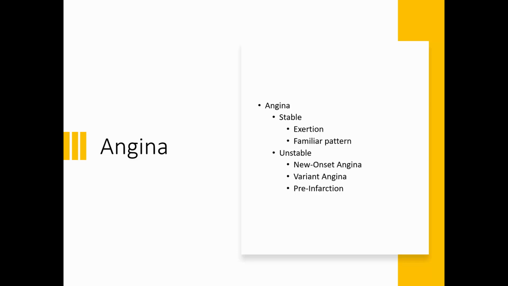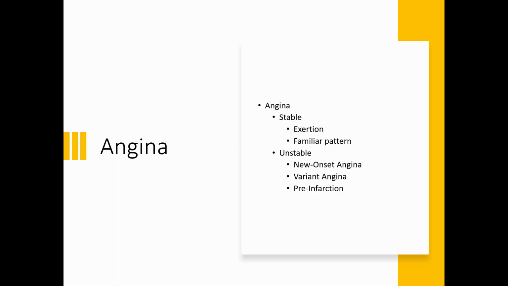So unstable angina, we have different types. We have new onset angina, we have variant, we have pre-infarction. So all of these types of angina are considered unstable. So if you want to look at the definition for unstable angina, it is actually chest pain or discomfort that lasts longer than 15 minutes.